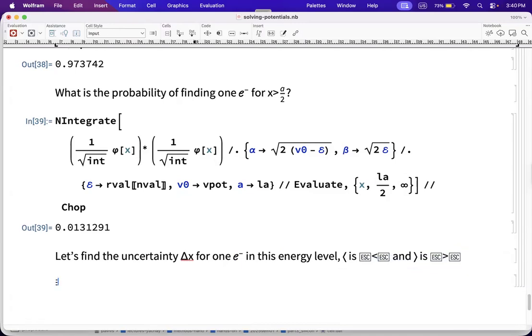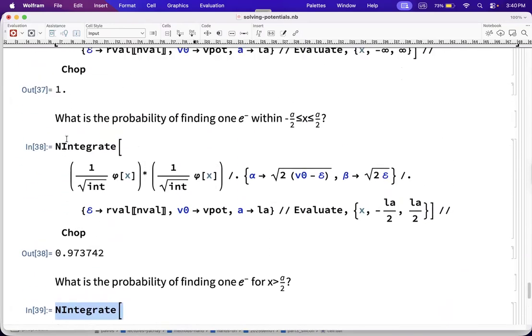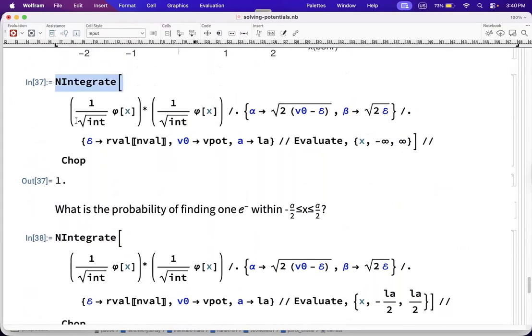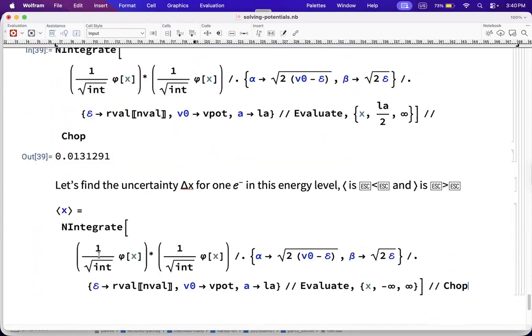So let's put escape, escape, that is equal to, and I'm going to copy this from here, this one, and paste it here.